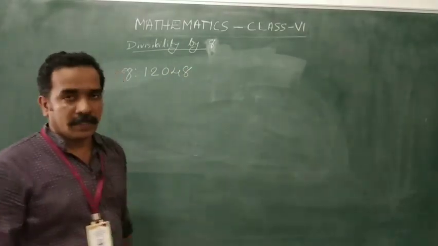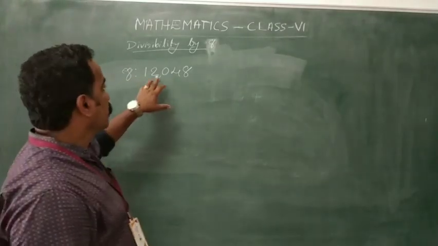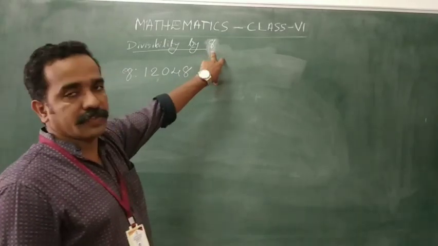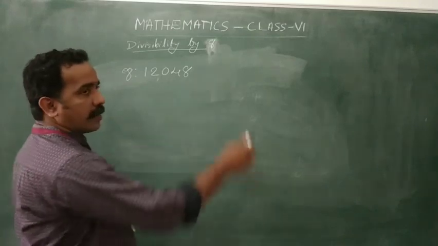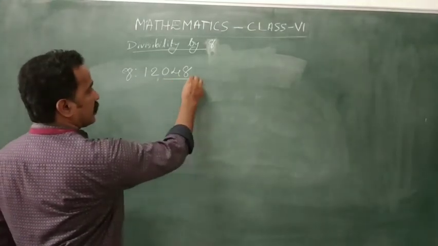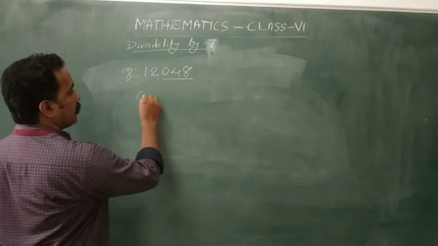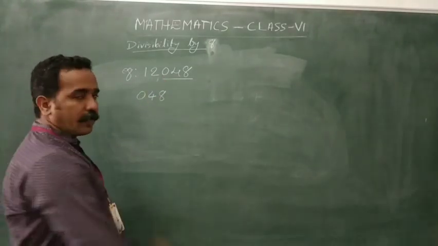For example, 12,048. This is a big number. How can we check whether the number is divisible by 8 or not? Instead of considering the entire number, we just consider the last 3 digits. The number formed by the last 3 digits is 048. That means only 48.